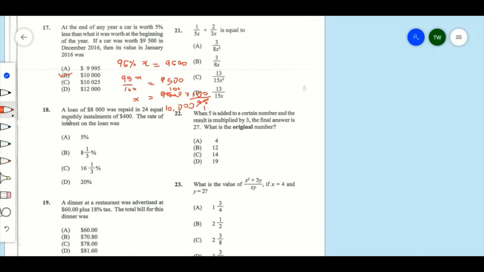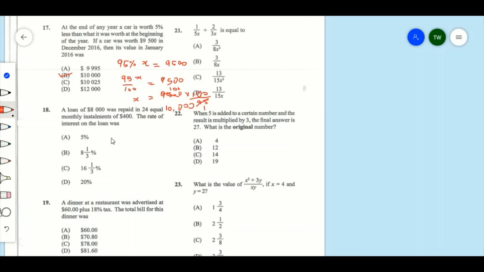Number 18, a loan of $8,000 was repaid in 24 equal monthly installments of $400. The rate of interest on the loan was. Now first we need to find the total amount of money paid in installments.